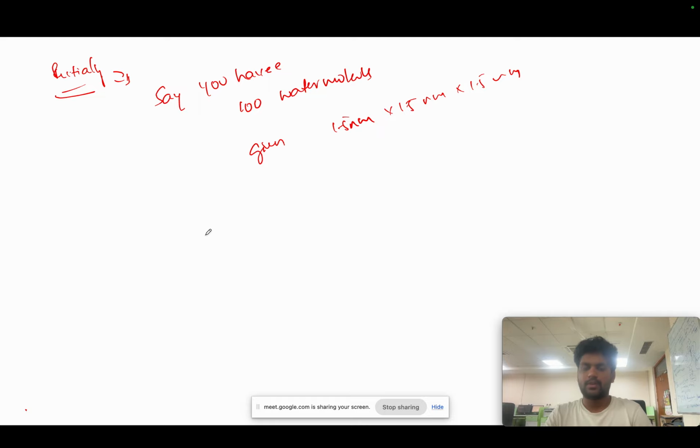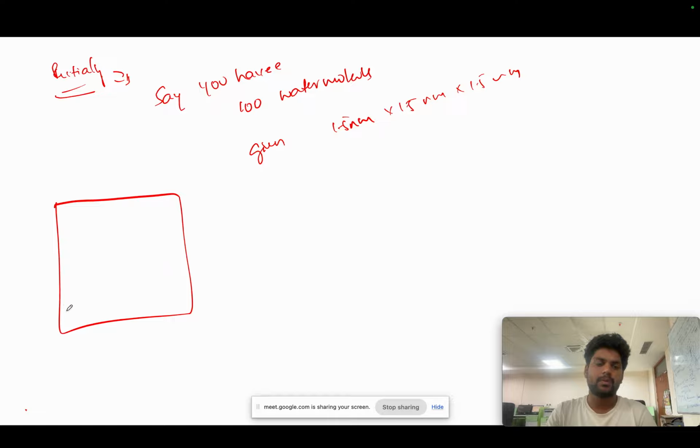So now we need to take a box of this dimension, 1.5 by 1.5 by 1.5, in all the directions. So this is the box.